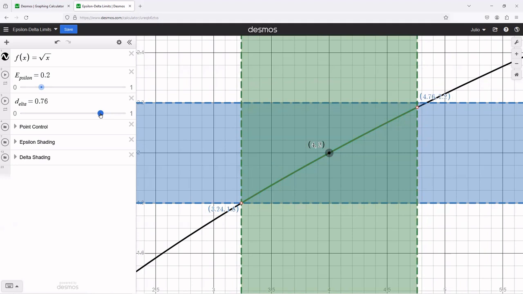There it is, right there, and it changes to green when the delta is small enough. So if my output boundaries are 0.2 away, then my delta boundaries have to be about 0.763. If I can contain my y outputs, there exists a delta that contains my inputs.